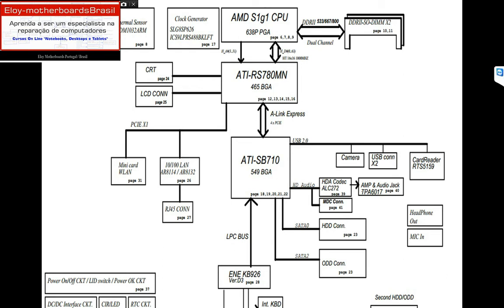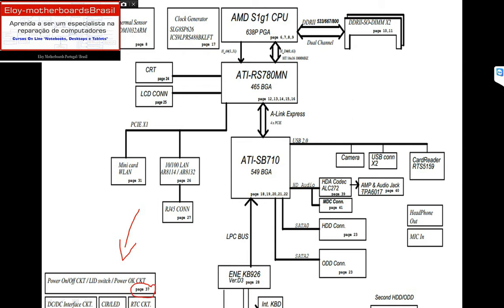So we have here in the image the block diagram of an Acer 5517 project AMD. On the bottom left side we can see all the pages concerning power supplies.